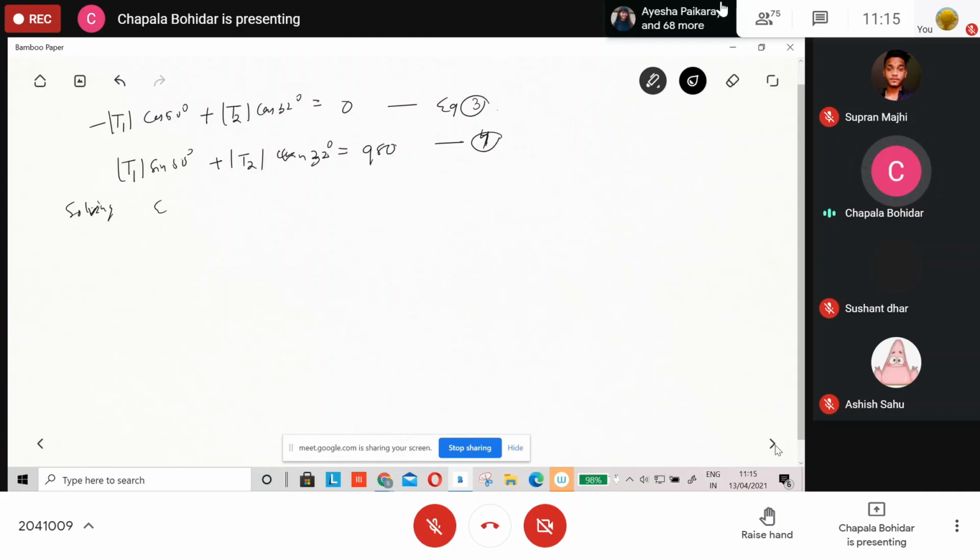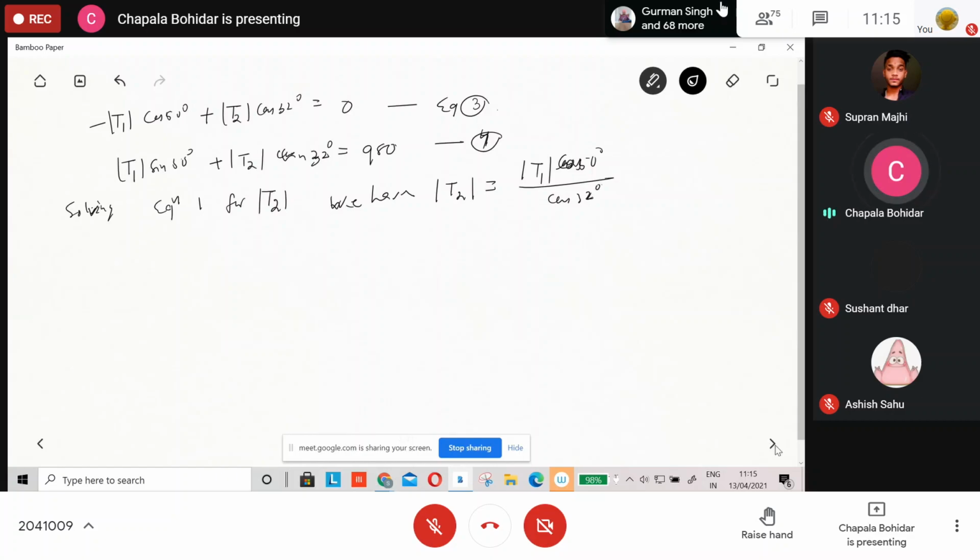Solving equation 1 for T2, we have the absolute value of T2 is equal to the absolute value of T1 cos 50 degree divided by cos 32 degree.